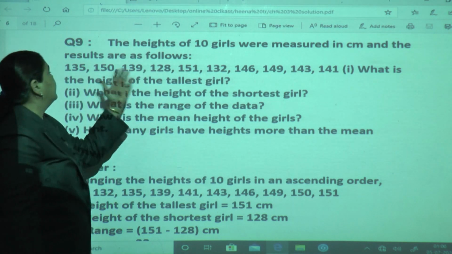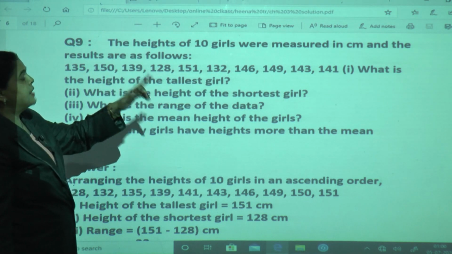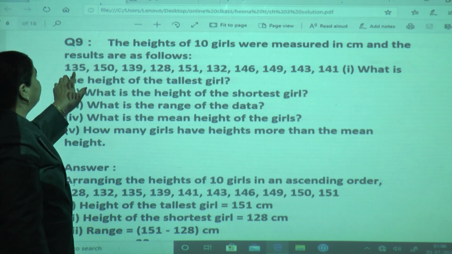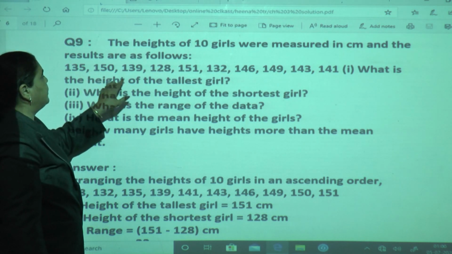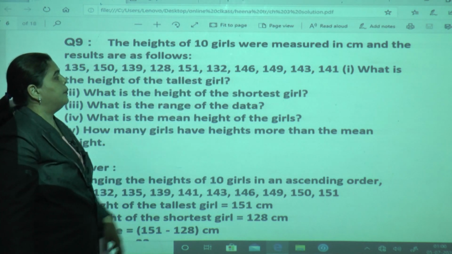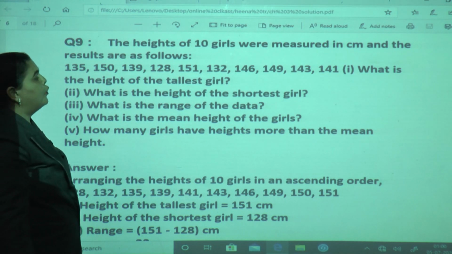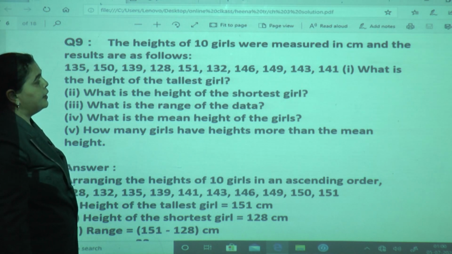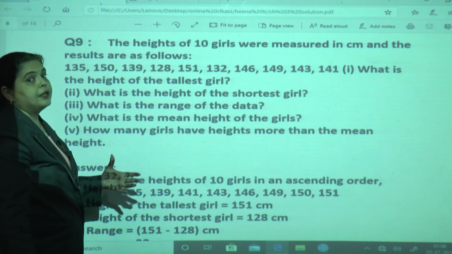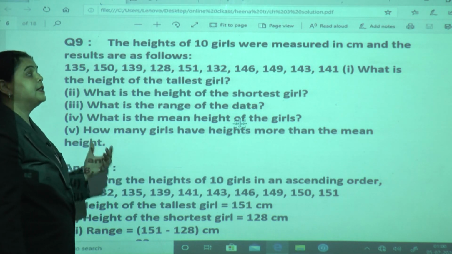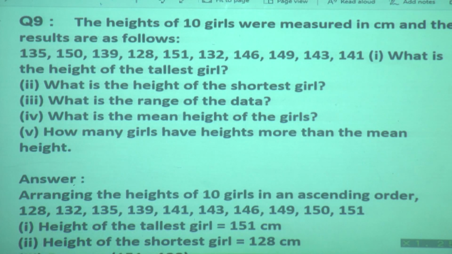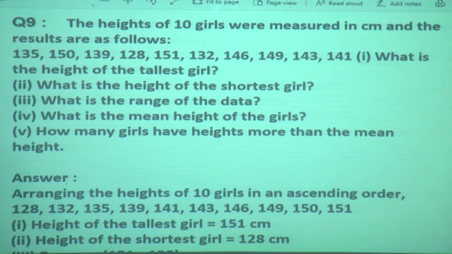The heights are given in centimeter, so you have to write the unit properly as centimeter: 135 cm, 150 cm, 139 cm, 128 cm, 151 cm, 132 cm, 146 cm, 149 cm, 143 cm, 141 cm. These are the heights of the girls given in centimeter. What is the question? What is the height of the tallest girl? How to find out?